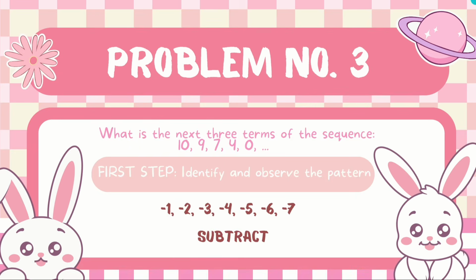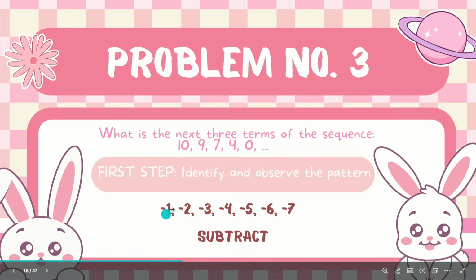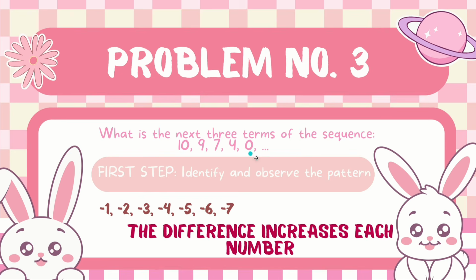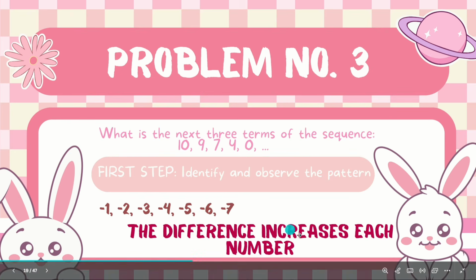Let's try subtracting one by one. 10 minus 1 is equal to 9. 9 minus 2 is equal to 7. 7 minus 3 is equal to 4. And 4 minus 4 is equal to 0. So our pattern is the difference increases each number.